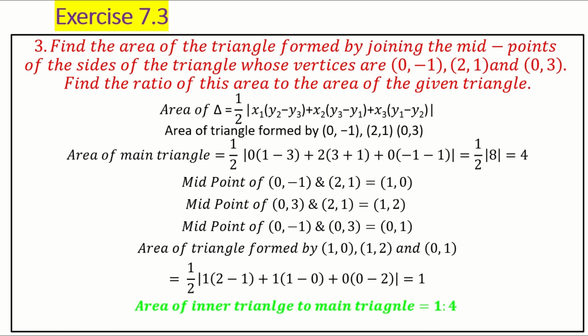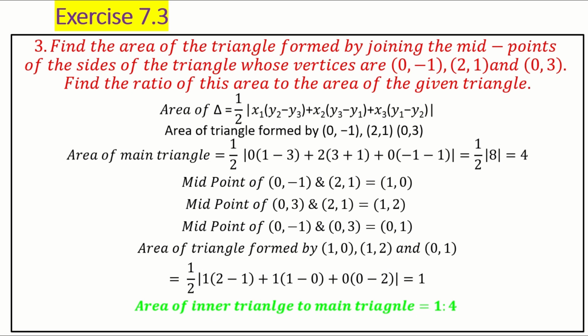First, the area of the main triangle we will calculate, which is 4 units from the formula. Now the midpoint of (0, minus 1) and (2, 1) is (1, 0). Midpoint of (0, 3) and (2, 1) is (1, 2), and the other one is (0, 1). A triangle is formed by these 3 points. Area of this one is 1 by 2 into the same equation, you substitute, then you will get 1 unit. So area of inner triangle to main triangle is 1 is to 4.